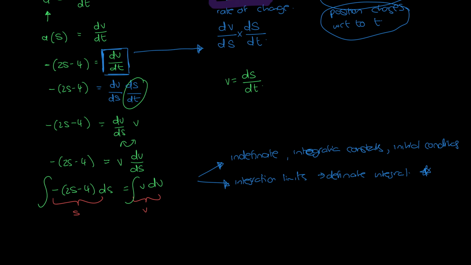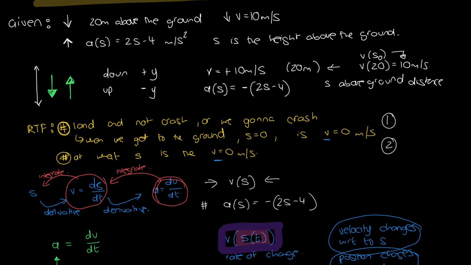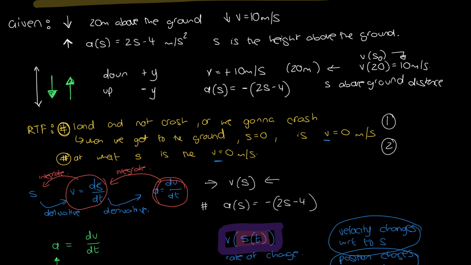Here I put the integration limits directly in. What is S0? When you look at your integration limits, you'll have S0 and some S which we're going to solve for, and V0 and some V connected to that S. So what is our S0? Let's go back to the information that we have. We have V is positive 10 meters per second when S is 20.